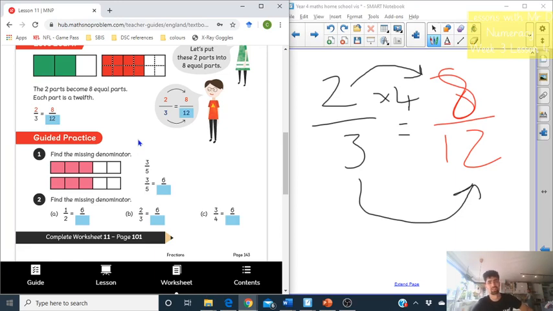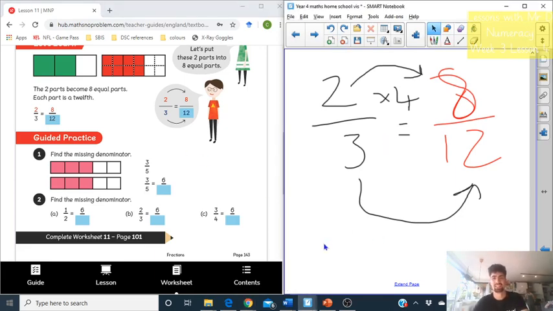I'll try and find some extra questions out there, although if you type equivalent fractions into Google, you'll probably find something similar and you can have a go. There's loads of stuff out there. Type Year 3 equivalent fractions into Google, I'll write it down so you can see it.